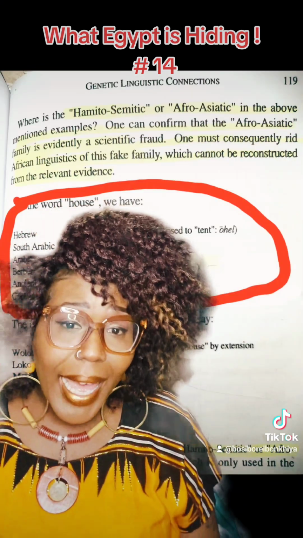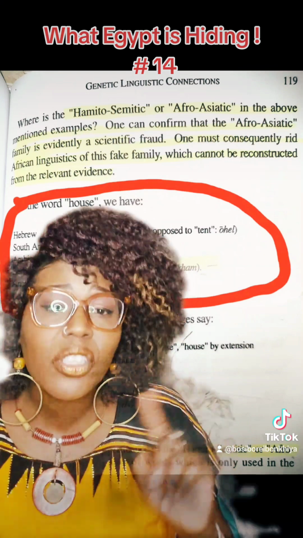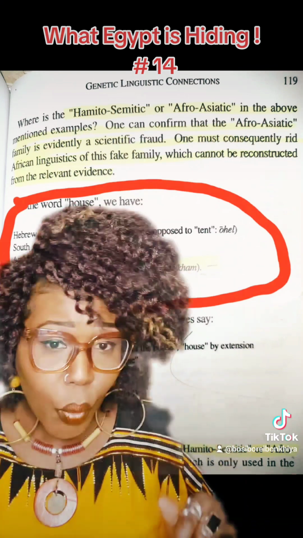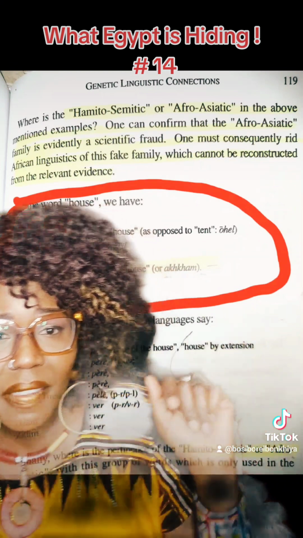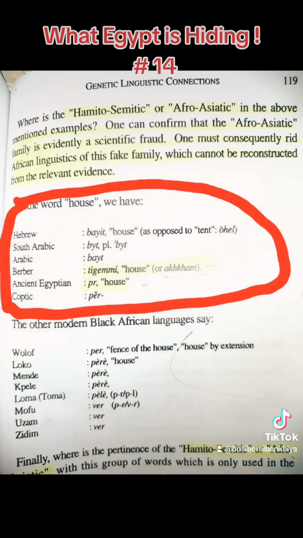Now, let's look at another author, Dr. Theophile Obenga, in his book, Ancient Egypt and Black Africa. You will see that he does give the names for a house in various languages. Look at the other word for a house. Look, Hebrew, bayit, which is so ancient Egyptian is bait, right?